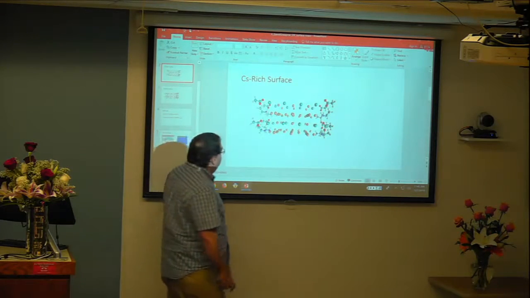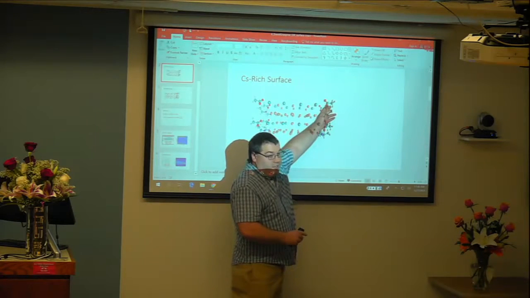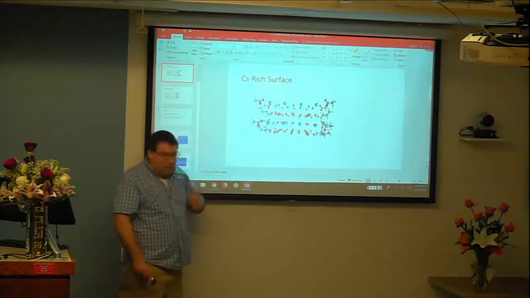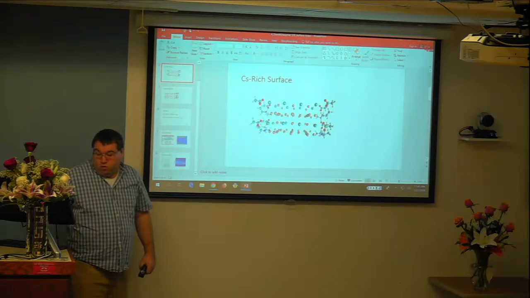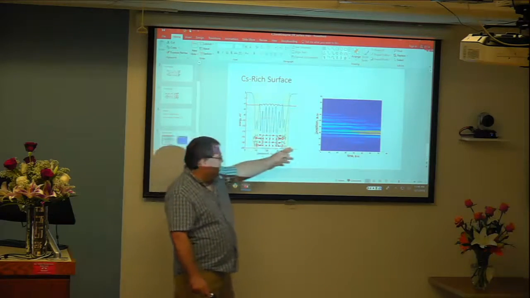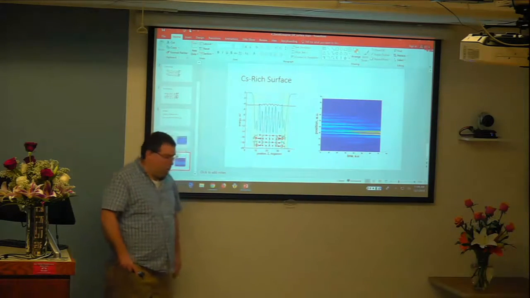It's actually showing a trap state on these ligands right here in the HOMO form, for the HOMO orbital. As we look at it, the electrons are moving toward the perovskite surface.